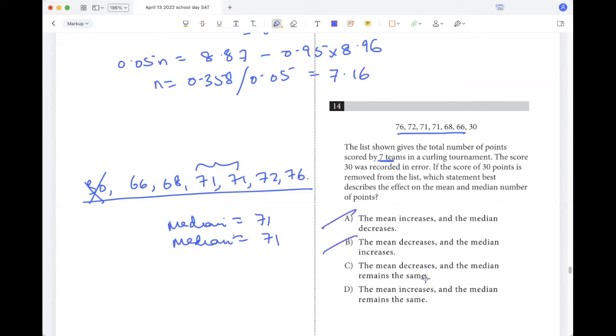So A and B are out. Now we have removed an outlier to the left of the data, right? So the mean would increase because this was pulling the mean down since it's to the left of the data. So the mean would go up while the median would remain the same. Option D.